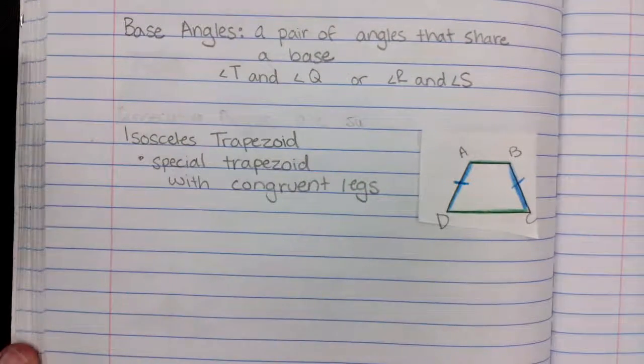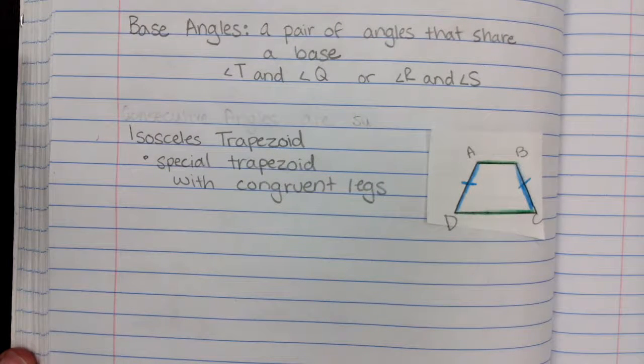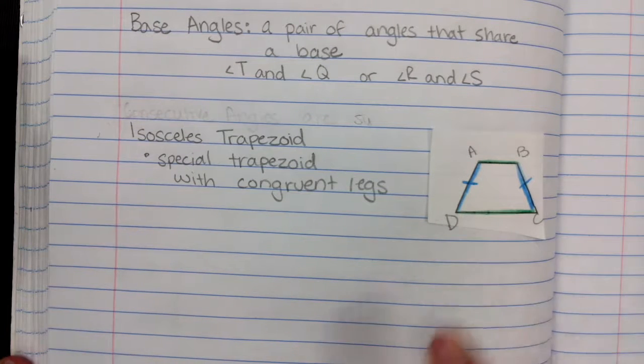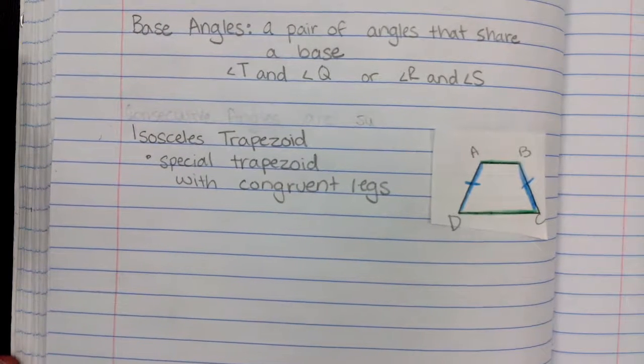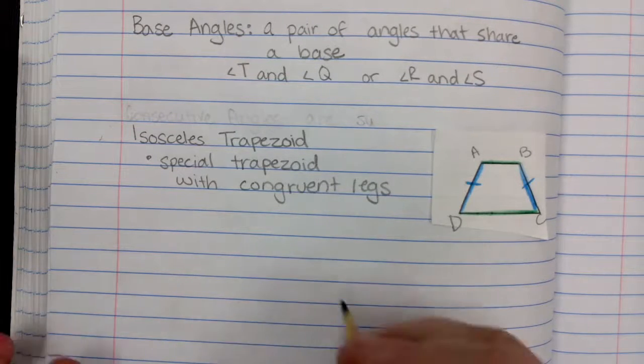Now, there's a couple things we know about isosceles trapezoids that are special because we have those congruent sides. They don't apply to all trapezoids, but specifically to isosceles trapezoids. What we know is that the base angles are congruent.